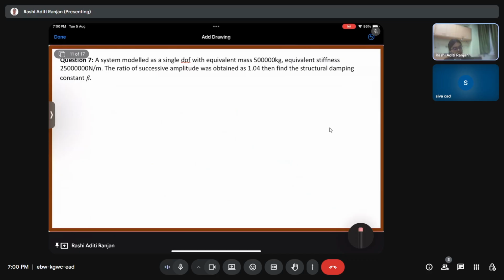So if you remember, there we assumed the force F as Kx plus Cx dot, right? And then we said that C is equals to H by omega, and then this F was written as K plus iH x. Do you remember how we got this?